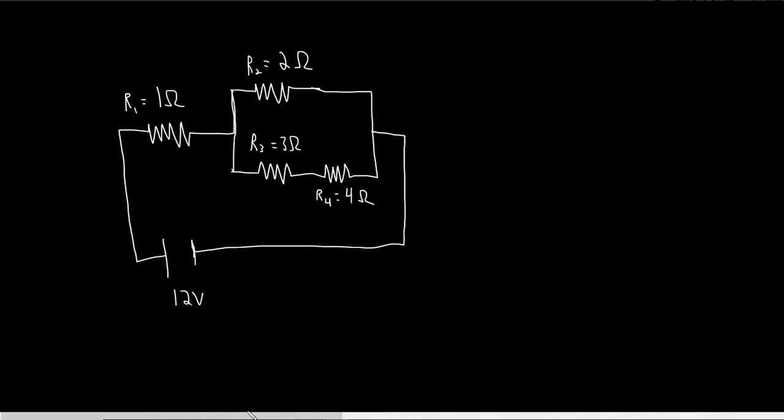All right. So how do I go about analyzing this? A couple things I might want to ask is, what's the equivalent resistance? What's the total current flowing through this thing? What is the current through resistor 1?